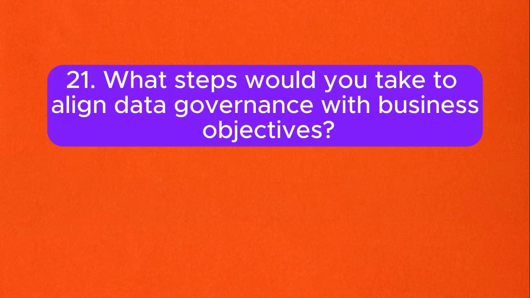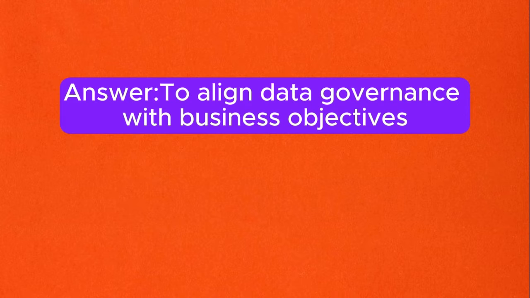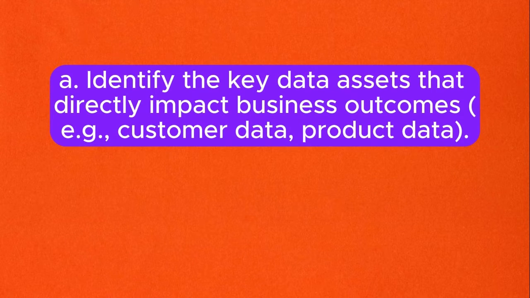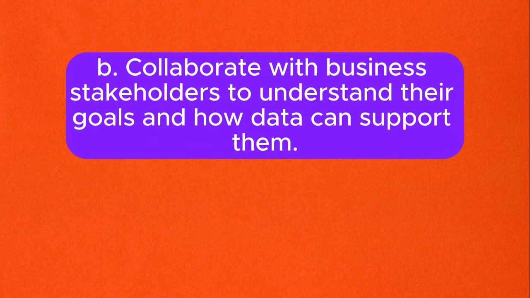21. What steps would you take to align data governance with business objectives? Answer: To align data governance with business objectives: A. Identify the key data assets that directly impact business outcomes, for example, customer data, product data. B. Collaborate with business stakeholders to understand their goals and how data can support them.